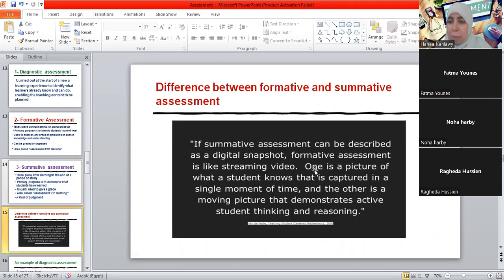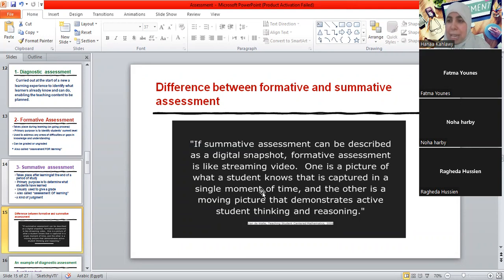The first one, summative. I'm talking about the summative. A picture of what a student knows that is captured in a single moment of time. Again, the summative, what happened at the end of learning, it looks like a snapshot. It looks like a picture captured at a certain moment.